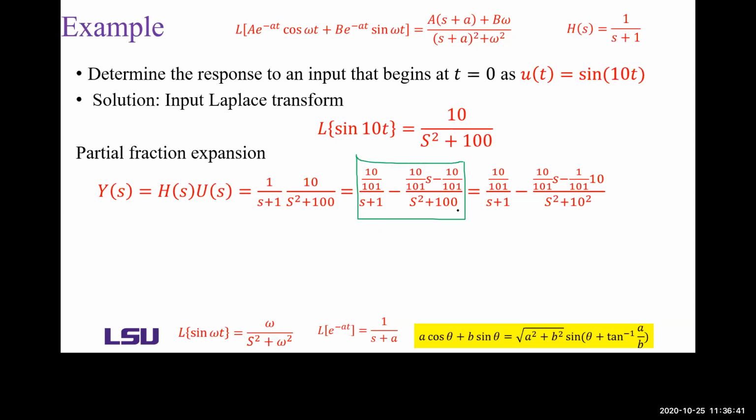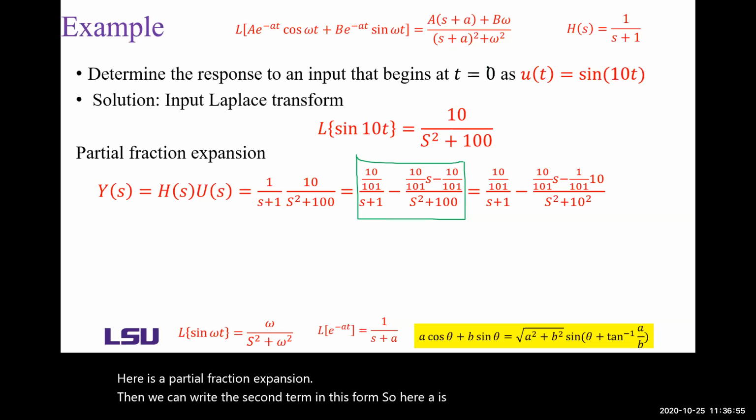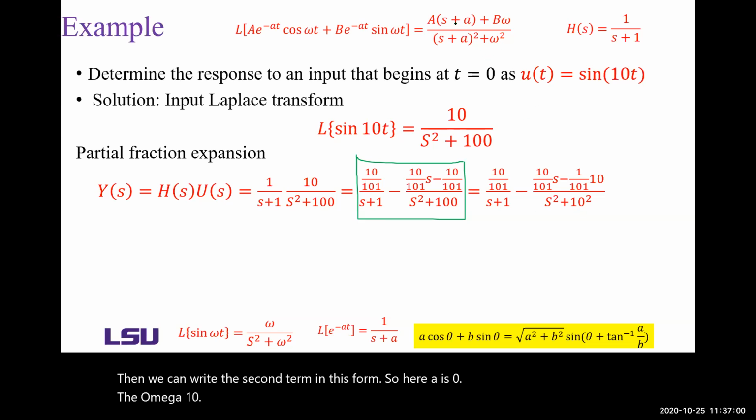Here is the partial fraction expansion. Then we can write the second term in this form. So here a is 0, and omega is 10. Since a is 0, we have 10 over 101 times s.